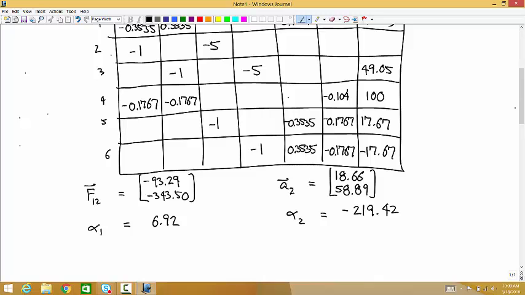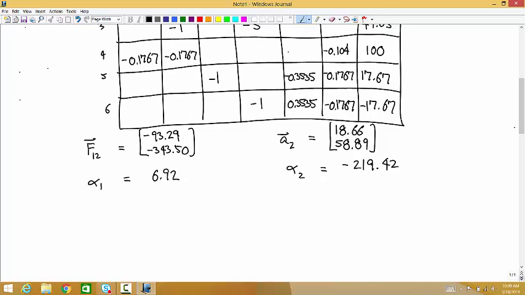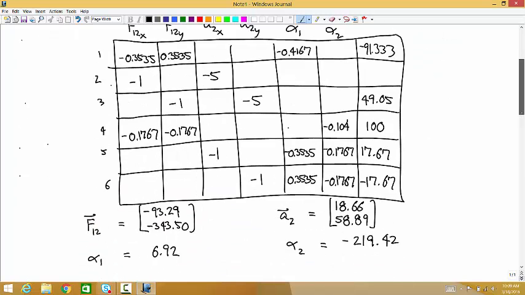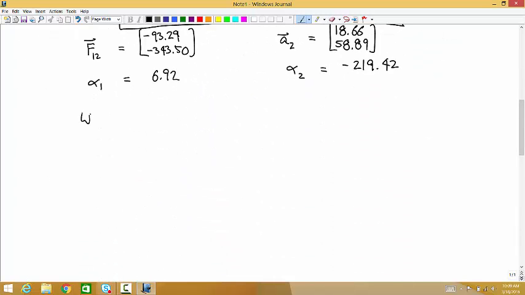We're done with the hard part, but we haven't answered the question yet. The question was, what's the acceleration of that point C? Okay, so the way we're going to do that, well, how do you want to do that?